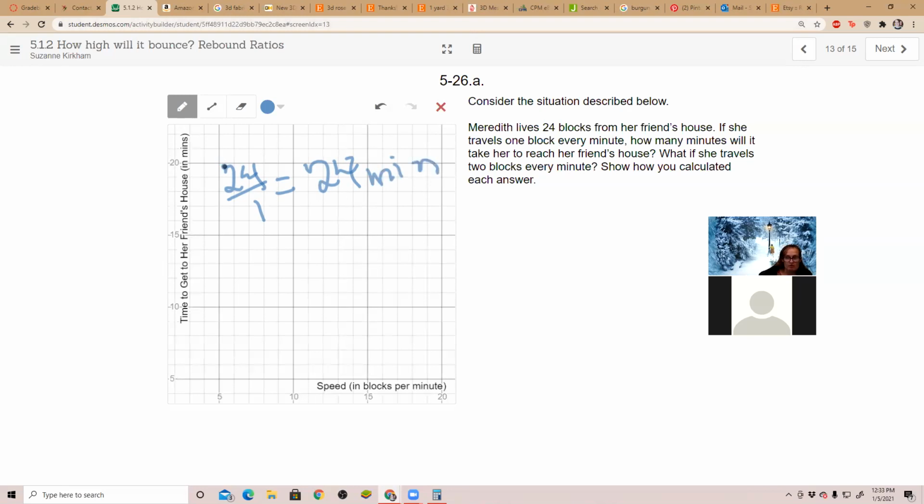So now if she travels 2 blocks every minute, it's 24 divided by 2, which will take her 12 minutes.